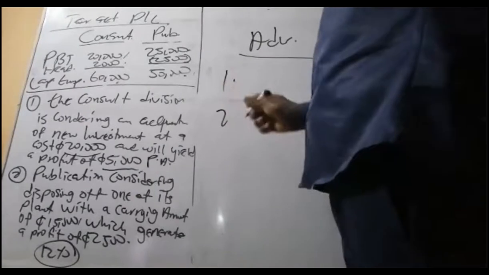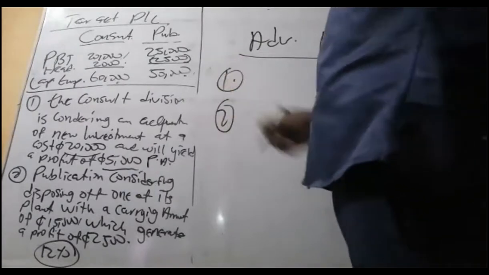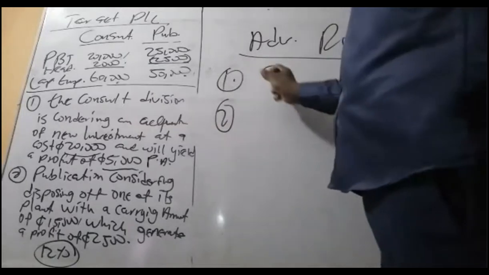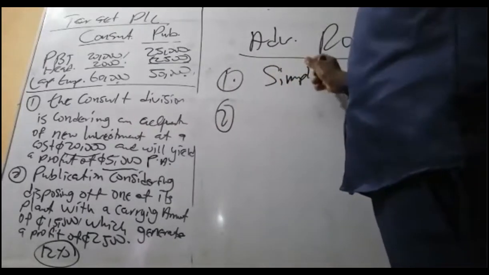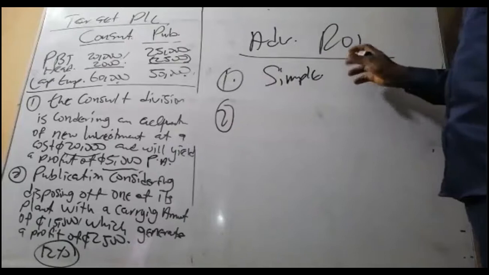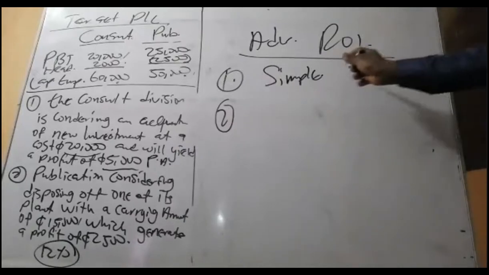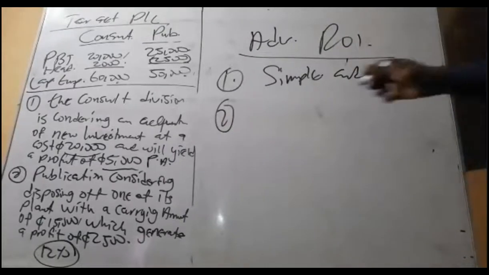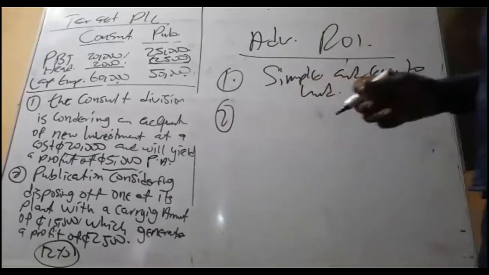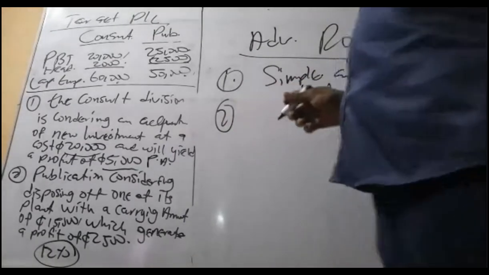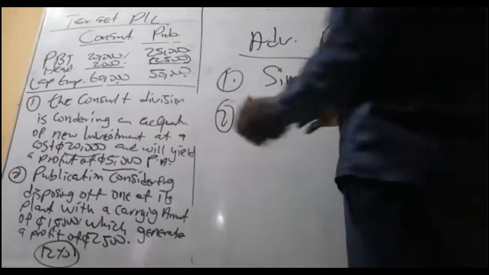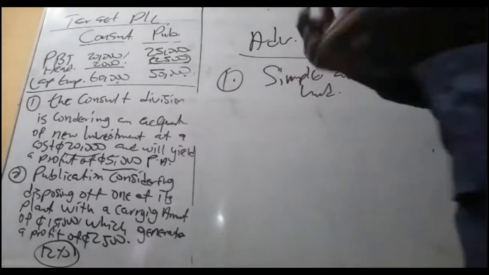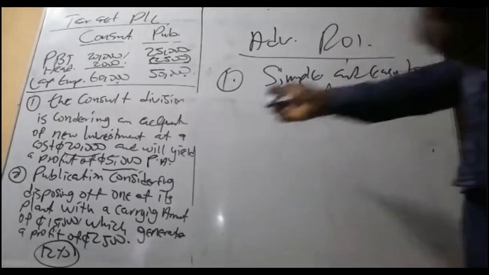So advantages of the ROI. 1, it's simple and easy to understand. 2, it uses accounting profit, which is easy to determine and conforms with accounting practice.